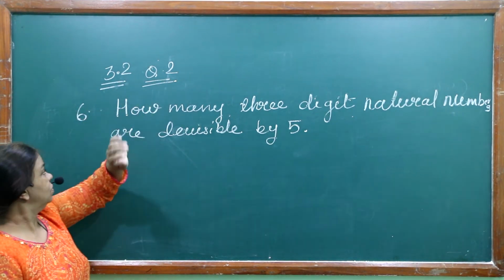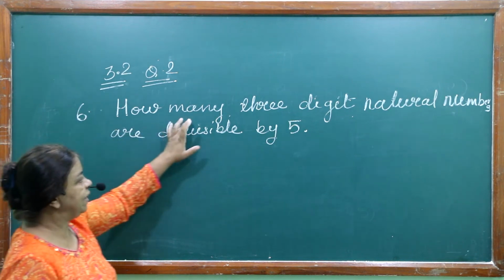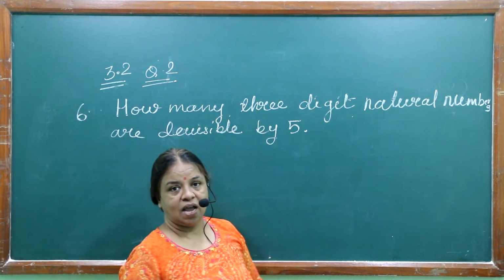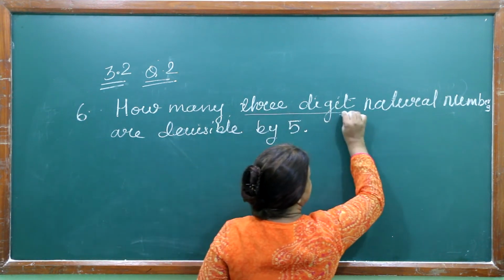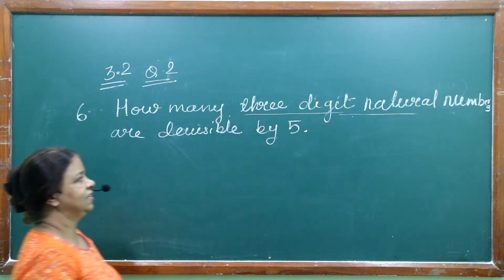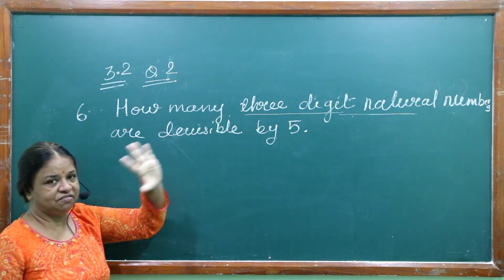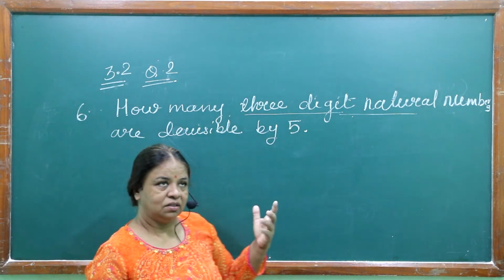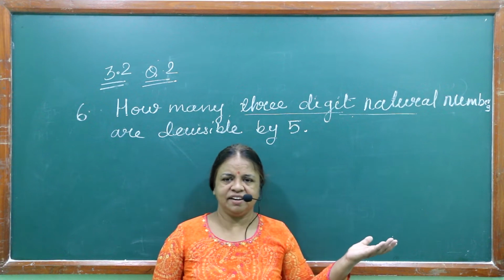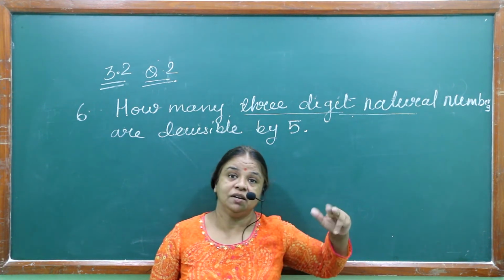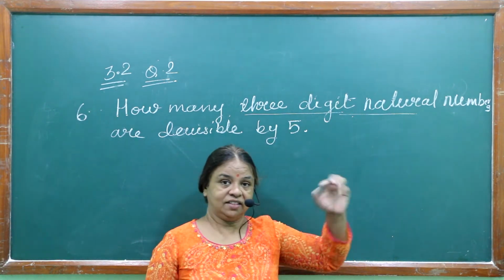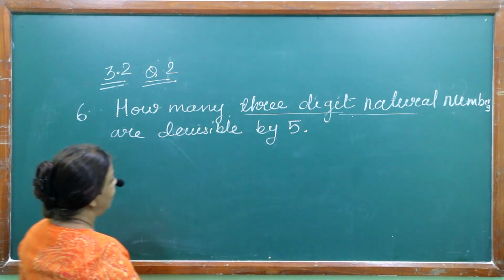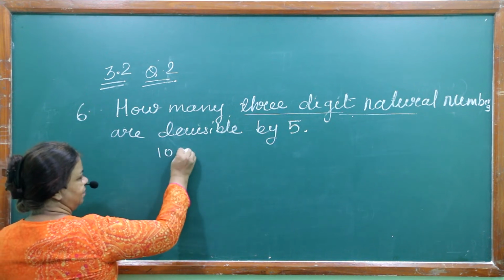Question number 2, sixth sum. How many three-digit natural numbers are divisible by 5? Now children, you can recollect the numbers and say how many three-digit numbers there are which are divisible by 5. Three-digit numbers start at 100.